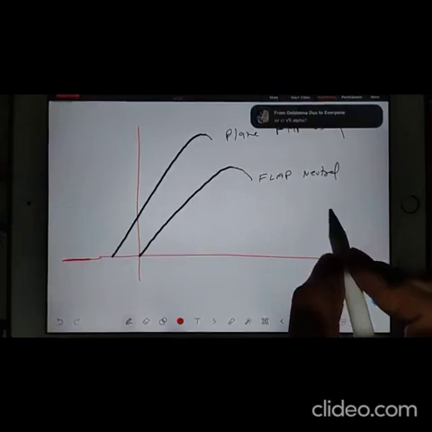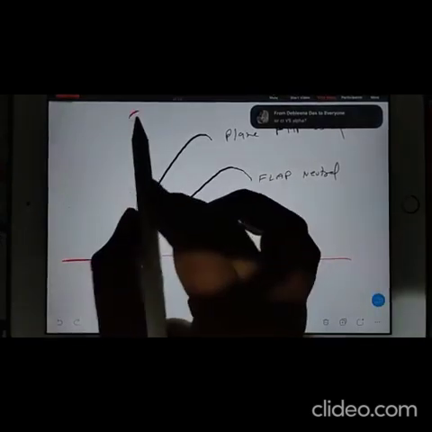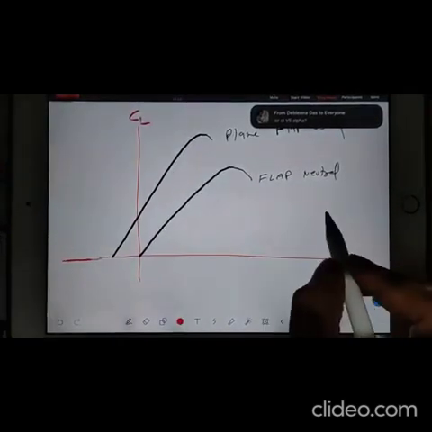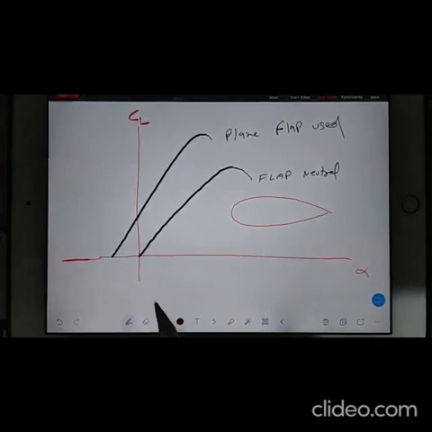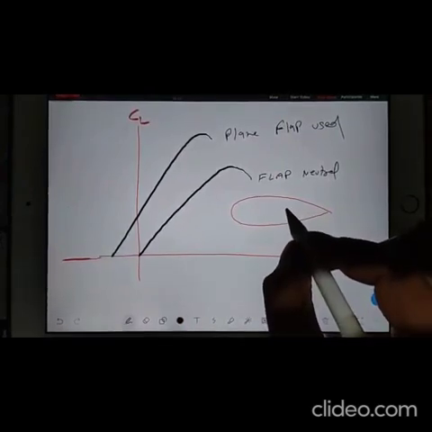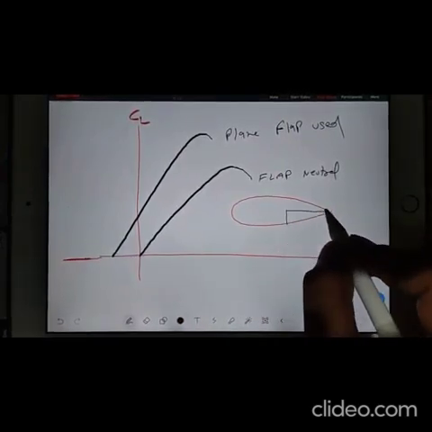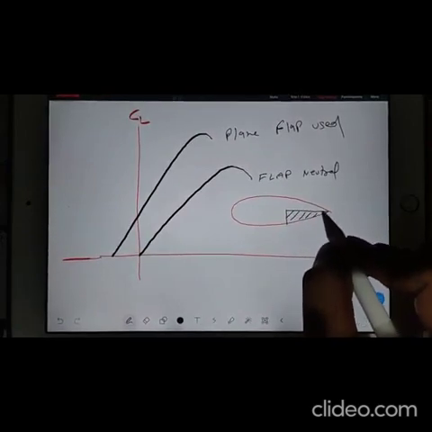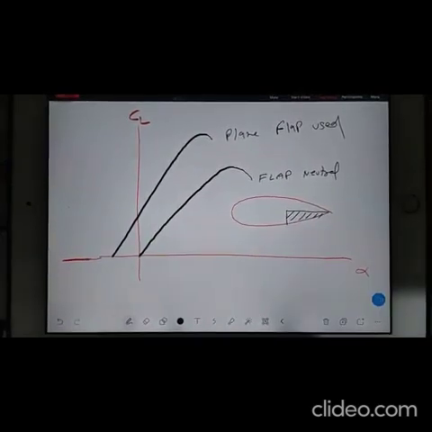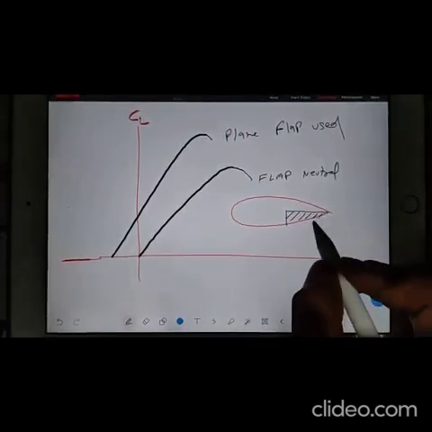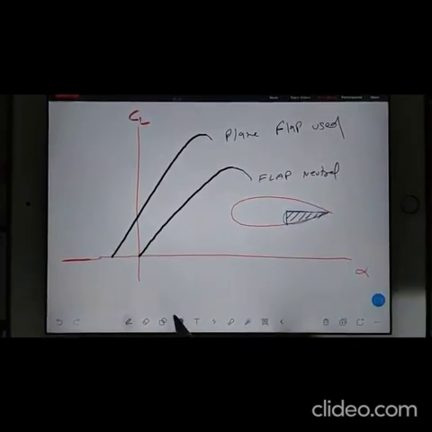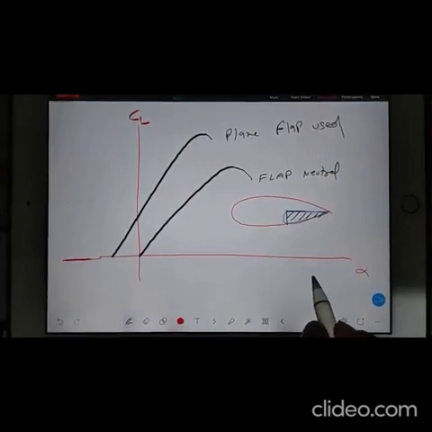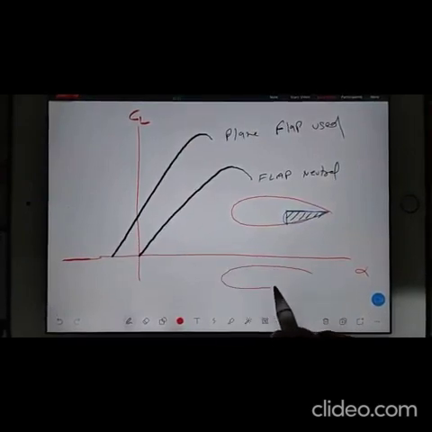Yes, CL versus alpha graph. This is your cambered airfoil, and I am going to cut only this much portion. See the beauty of what engineers are doing. And we will deflect only this much portion. It means the flap will look like this. After it is in work, it looks like this.